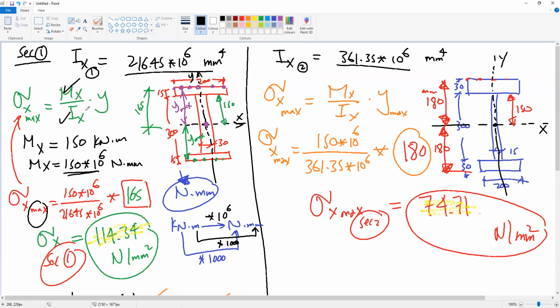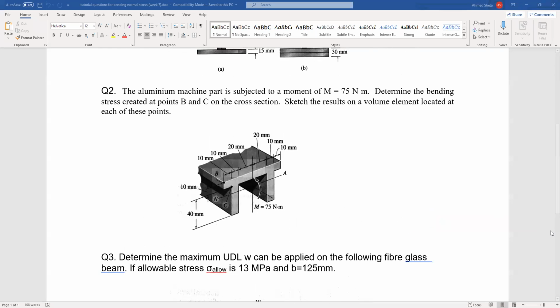Okay, thank you. Now I will give you some time to do the second problem here. This one, the same idea. So I will give you some time to do it.